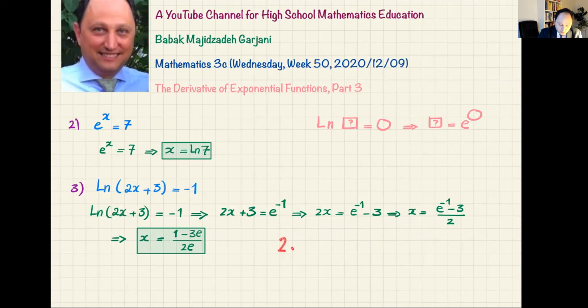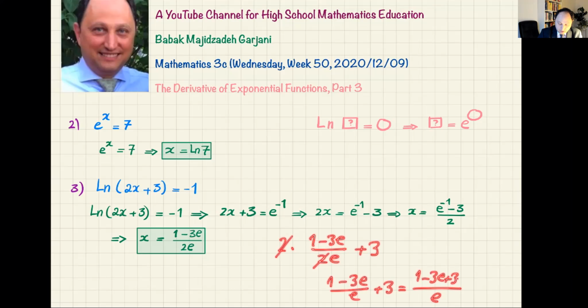If I multiply this number by 2 and add 3 to it, let us see what happens. The 2 and 2 will go, so I will be left with (1 minus 3e) divided by e, plus 3. And if I take the common denominator, it becomes 1 minus 3e plus 3e. So it becomes 1 over e, and that is positive. So this answer is acceptable.